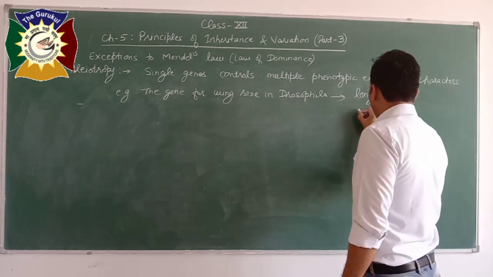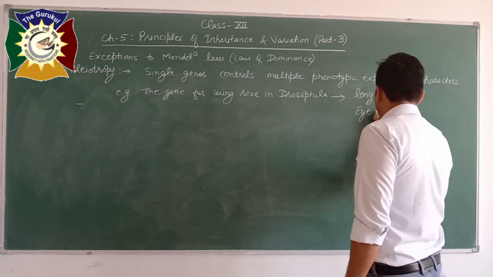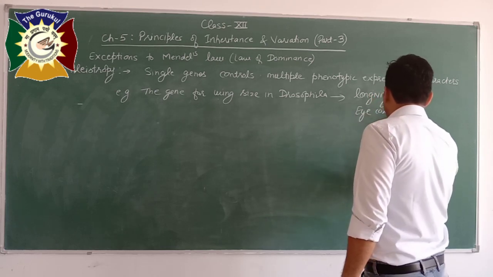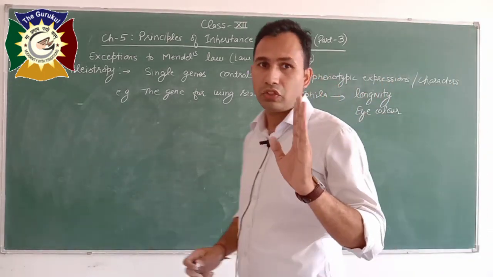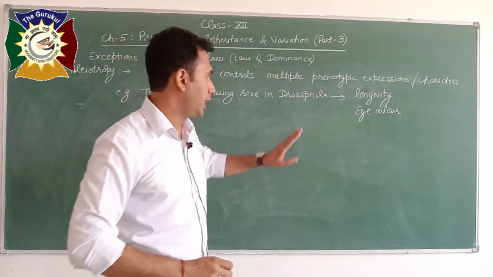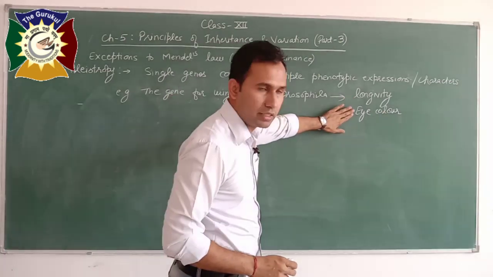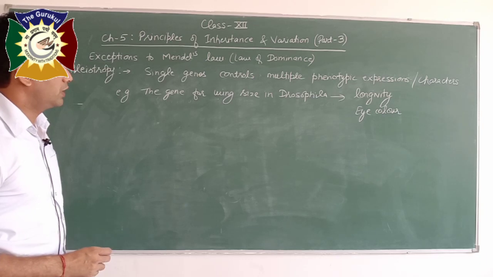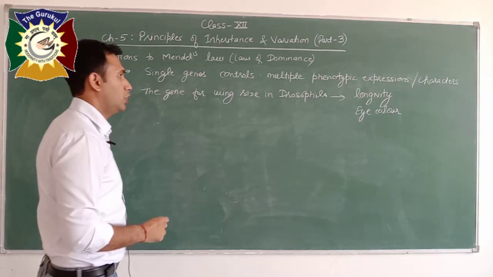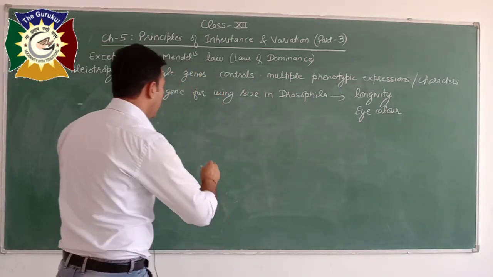Also responsible for eye color, कि उसका आई का कलर क्या होगा. मीन्स जीन हमारे पास एक है, कैरेक्टर ये 4 या 5 तक को रेगुलेट कर रहा है. I have just written just 3 characters. So the single gene will govern and control multiple phenotypic expressions and characters.